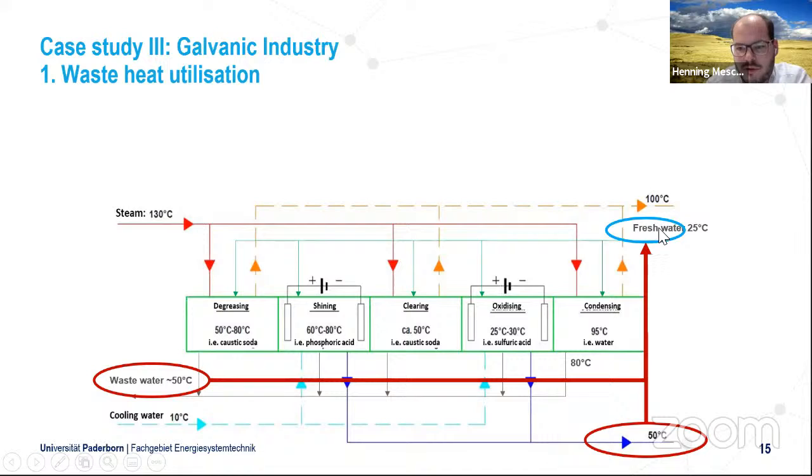And we can use that to preheat our fresh water and thereby reduce our heating demand of the processes. On the other hand, here in the condensing, we have very hot wastewater of 80 degrees, and we can directly use this energy to preheat our fresh water again.